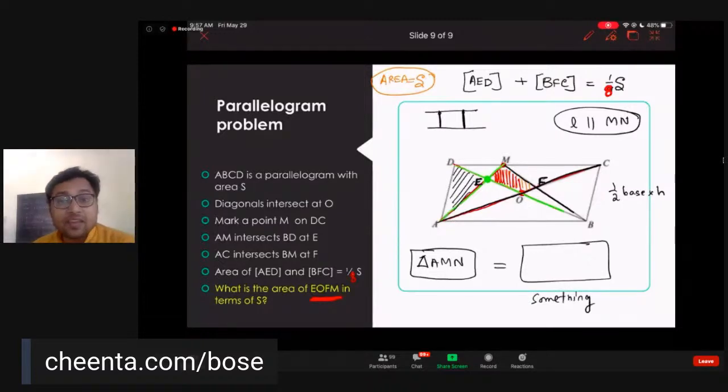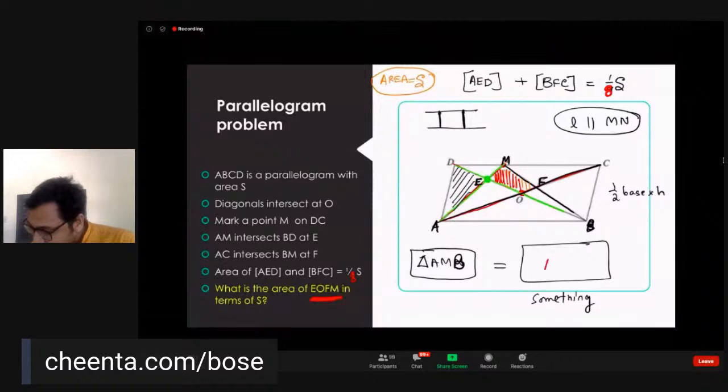Can anyone give me another triangle whose area is equal to the area of triangle AMB? Excellent, very good. As most of you are realizing, this is just the triangle ABC.